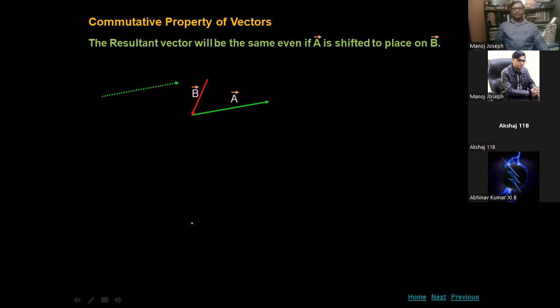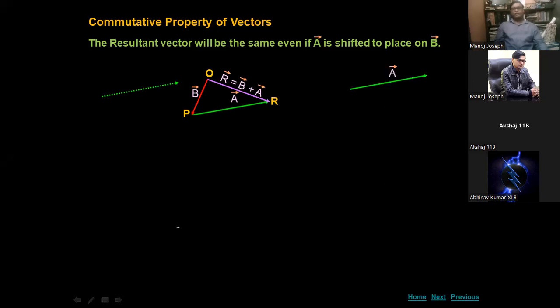Then we make a vector parallel to A itself and join the tail of A with the head of B. In that condition, the third side, where two heads are meeting, gives the direction of the resultant.